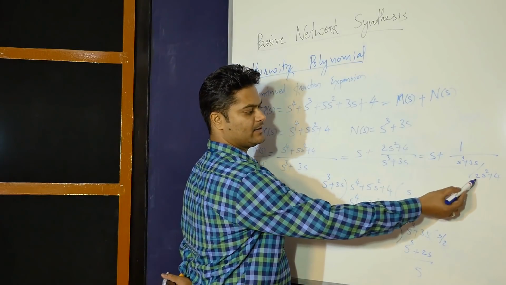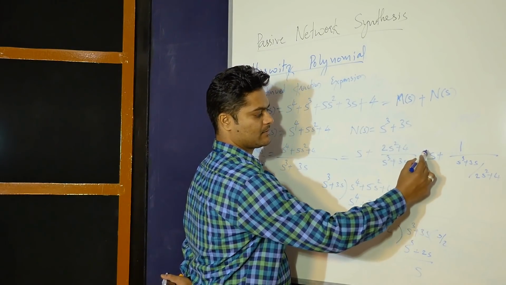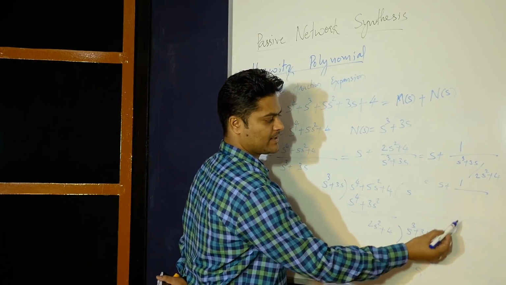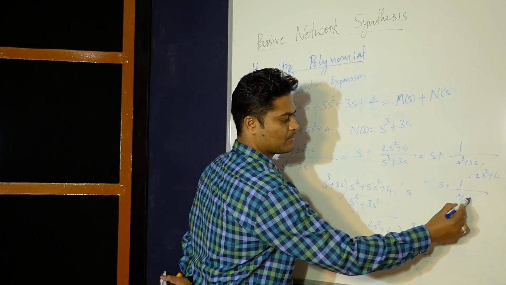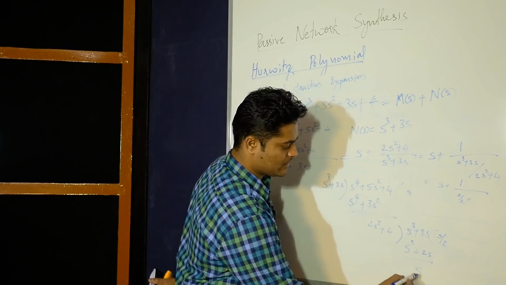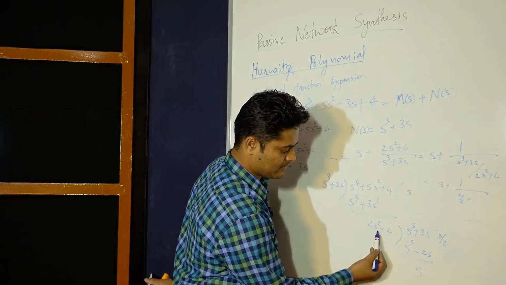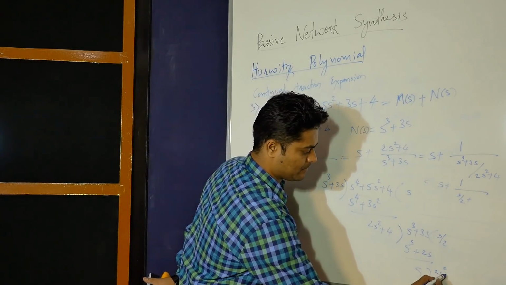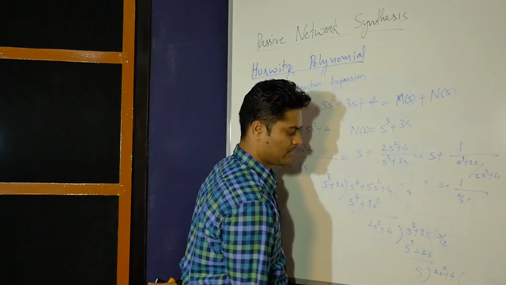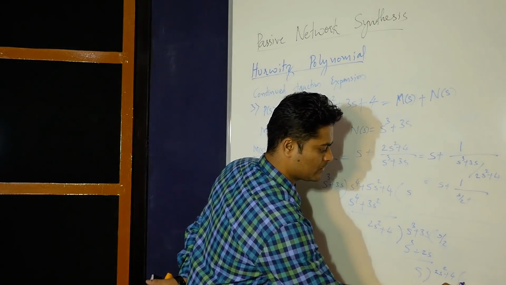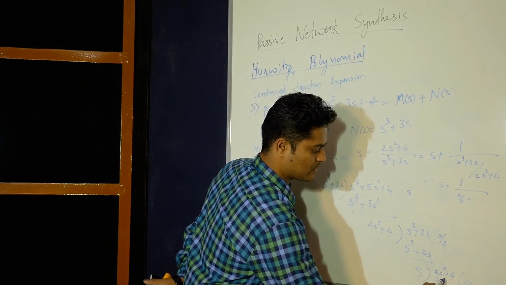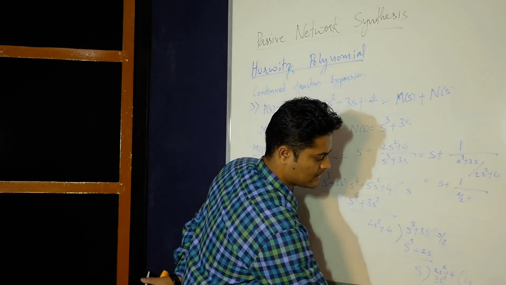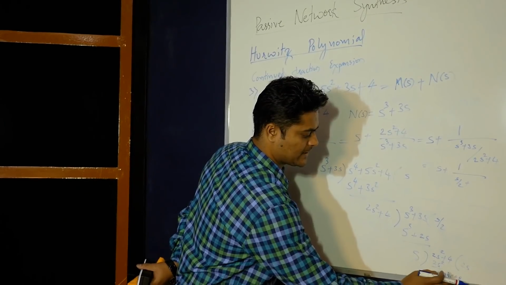So I can write this term as s plus 1 by s by 2 plus, and we go further. We divide 2s square plus 4 by s: we get 2s, the remainder is 4, and then dividing s by 4 gives s by 4.